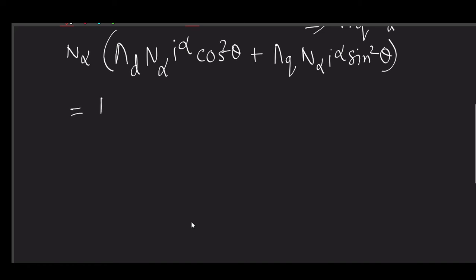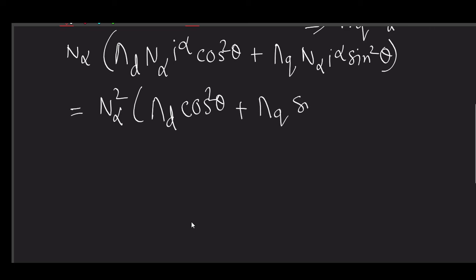So that gives us, if we take n alpha square out of this, lambda d cosine square theta plus lambda q sine square theta, I alpha, right?